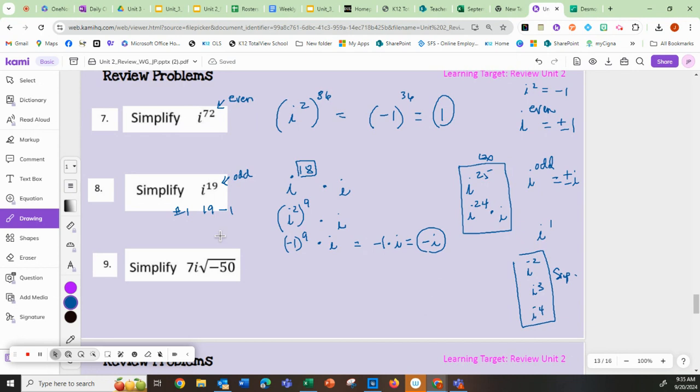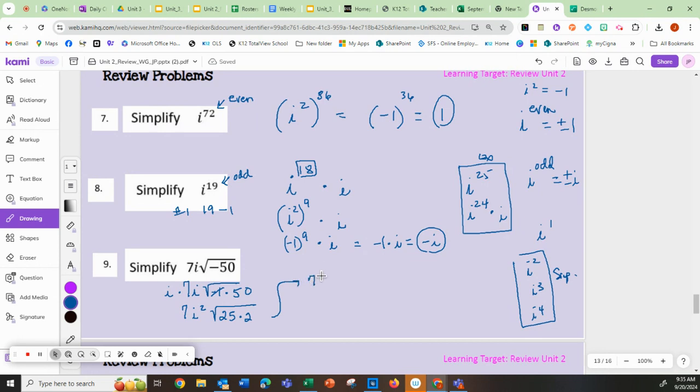On number 9, we have a negative under our square root, so you want to think about that as negative 1 times positive 50. The square root of a negative 1 is i, so i is going to come out and get multiplied by what's outside, so that's going to give me 7i squared. 50 is not a perfect square, but I can break that down into 25 times 2.